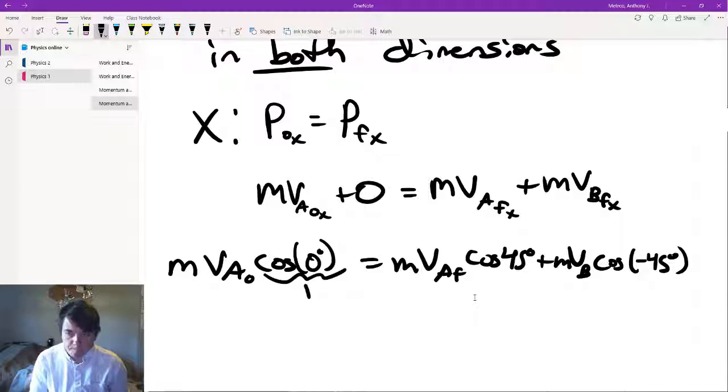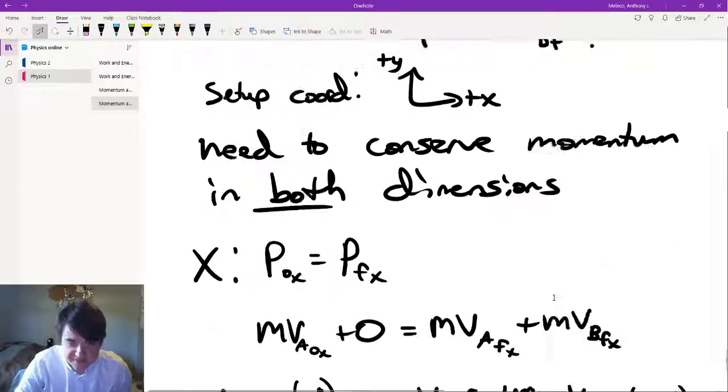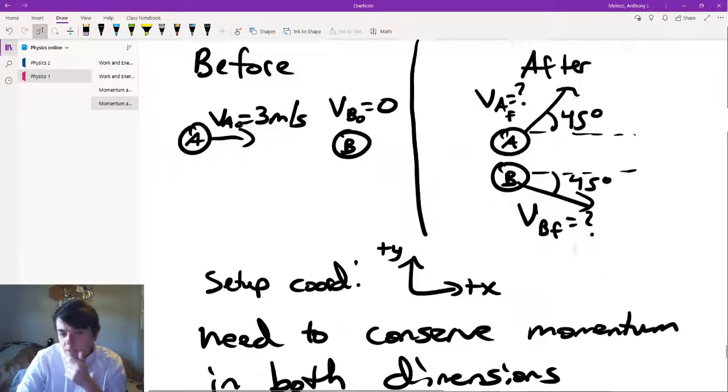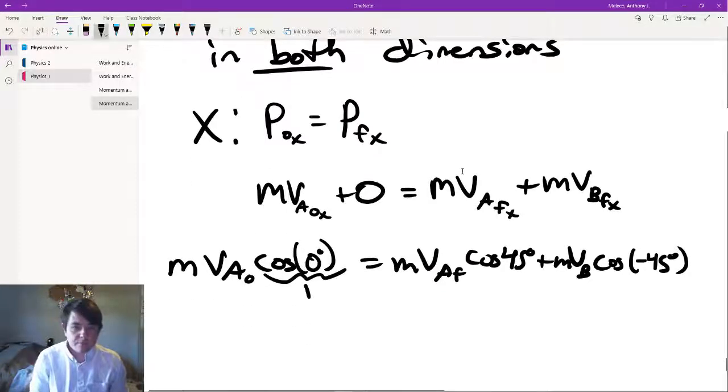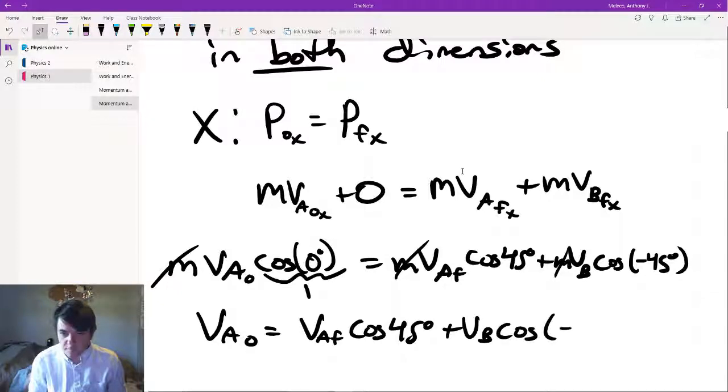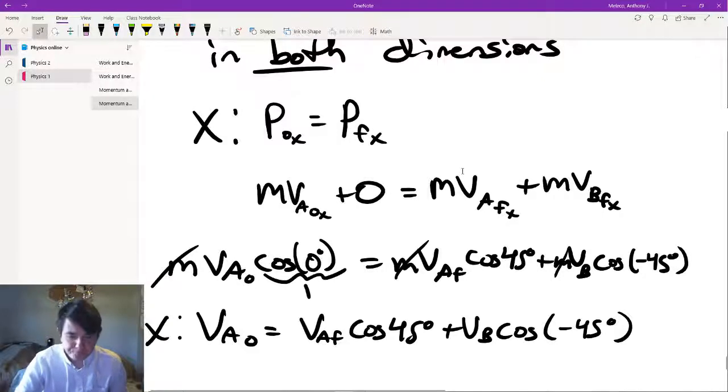And so that gives us our directions there. Now, the masses. I haven't been using subscripts because they're all of equal mass. And because they're of equal mass, we can just cancel these. So we have VAO equals VAF cosine of 45 degrees plus VBF cosine of minus 45 degrees. And that's our x equation.